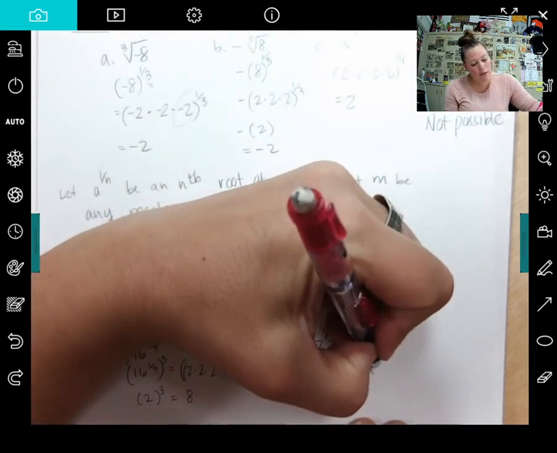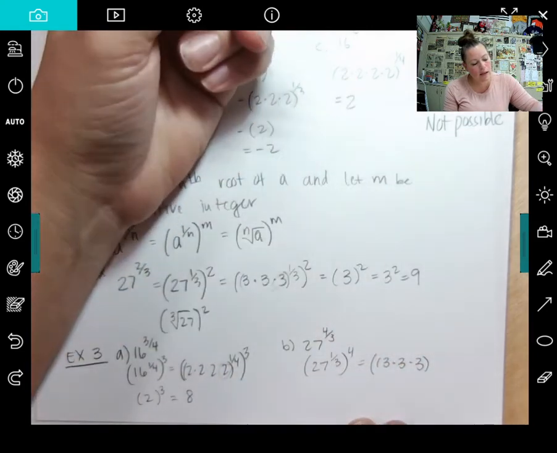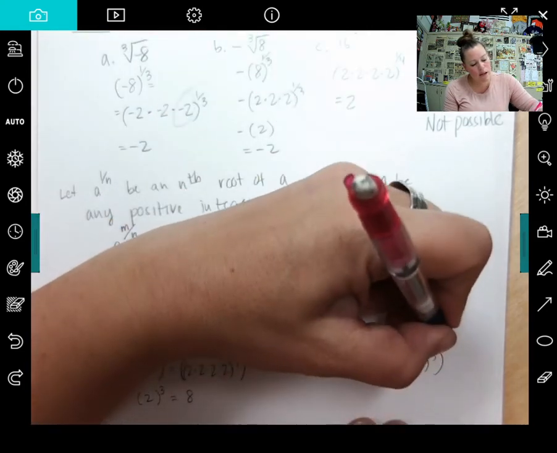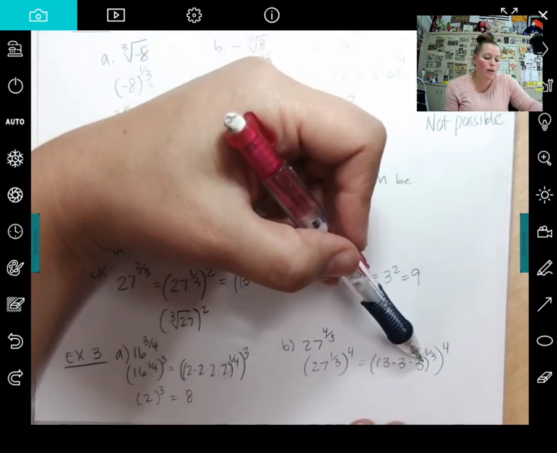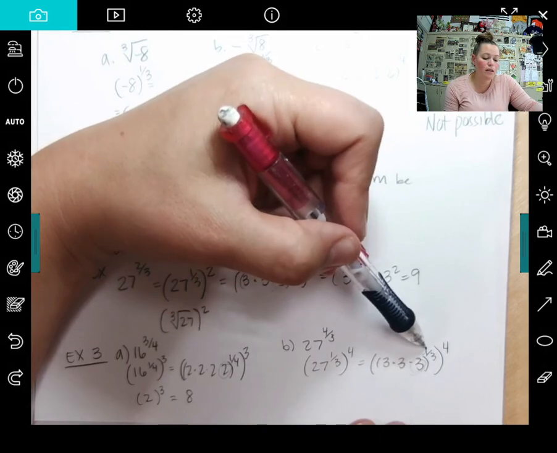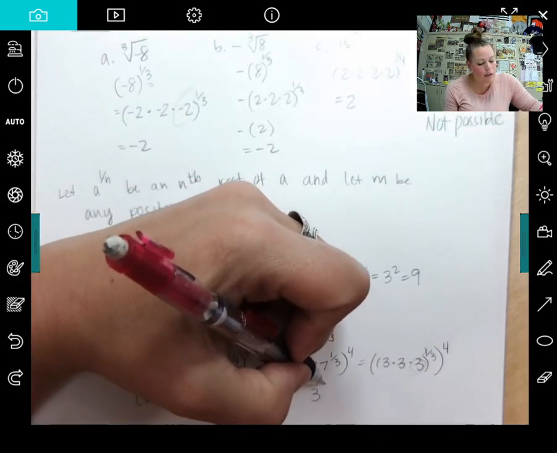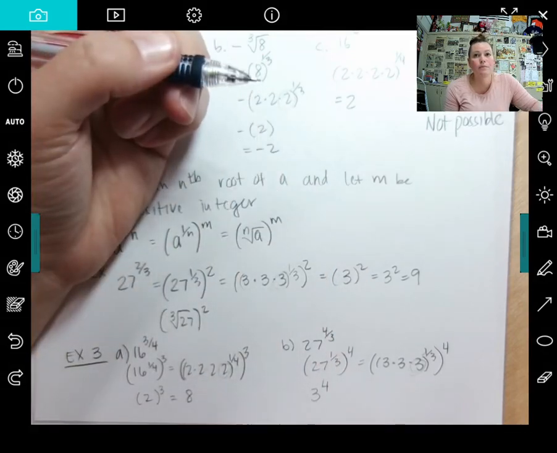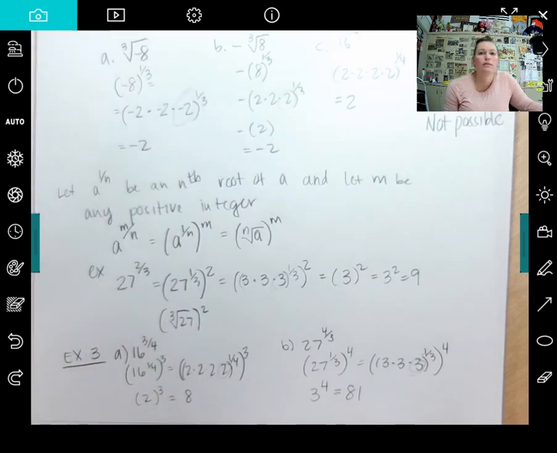So that'd be 3 times 3 times 3. And then we want 1/3 of that. So 1/3 of that, we're taking one of those, would be 3 to the 4th power. And 3 to the 4th power equals 81.